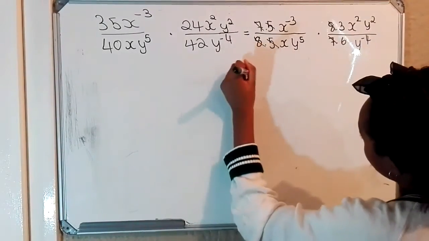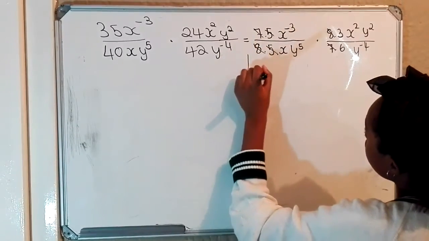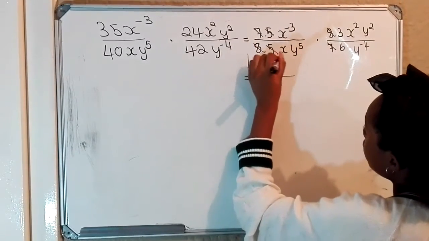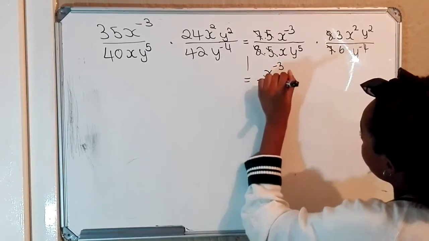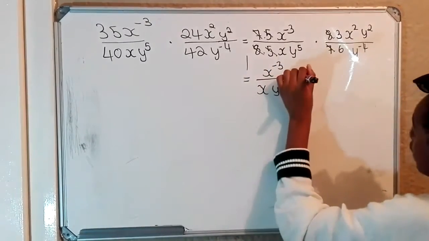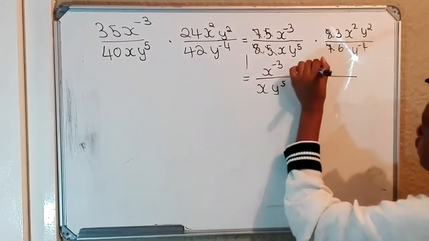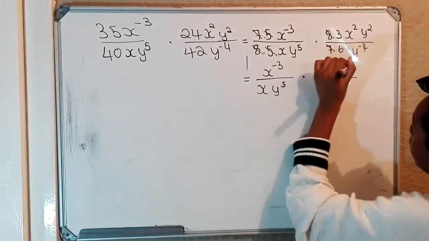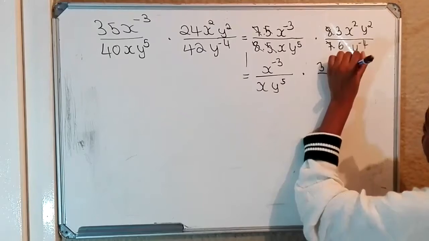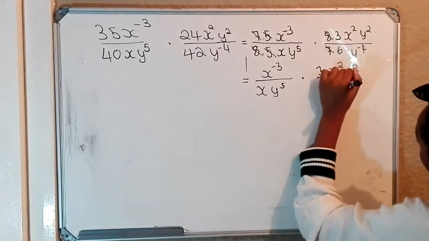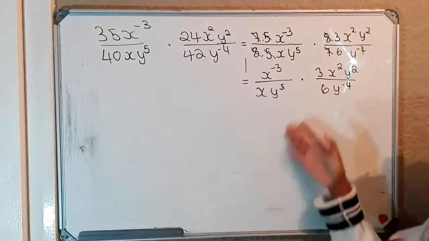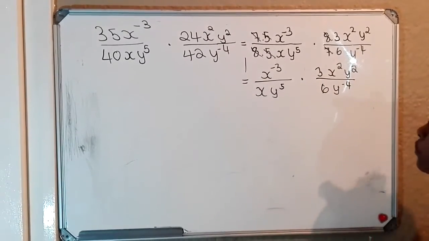So now bring this all down, I am left with x to the power of minus 3 over x y to the power of 5, all right, times 3x squared y squared over 6y to the negative 4. Okay, so this is what I'm left with after I cancelled everything.